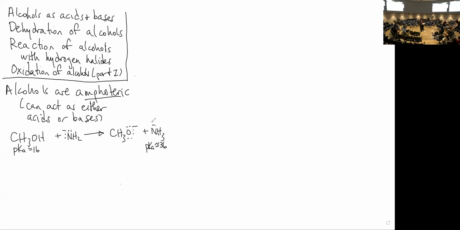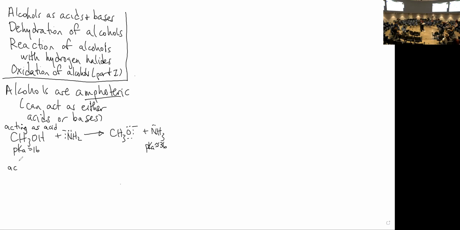So the species would much rather be NH3 than NH2 minus as compared to methanol and CH3O minus. So there's an example of an alcohol acting as an acid. I really should have put that up here, acting as acid.